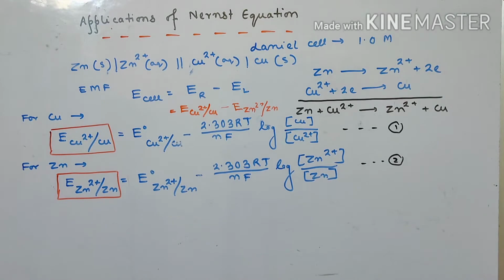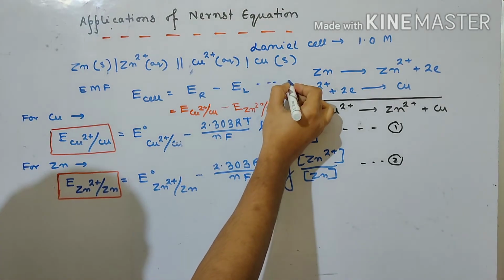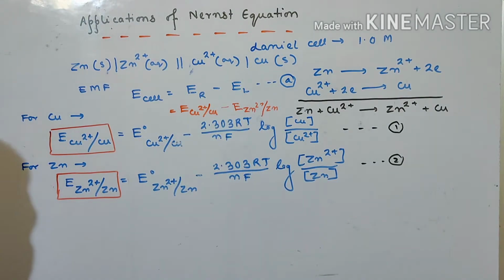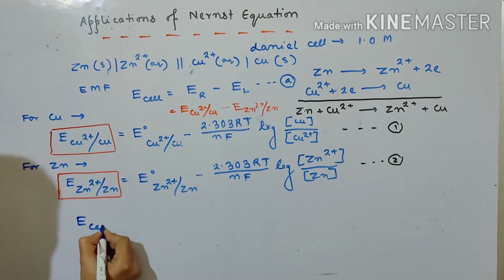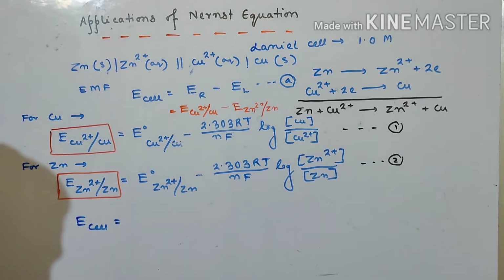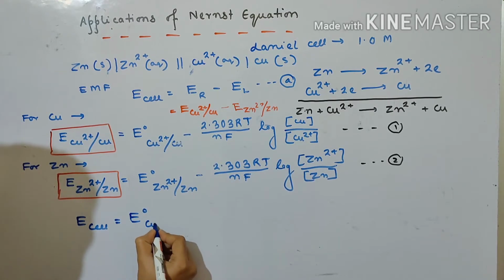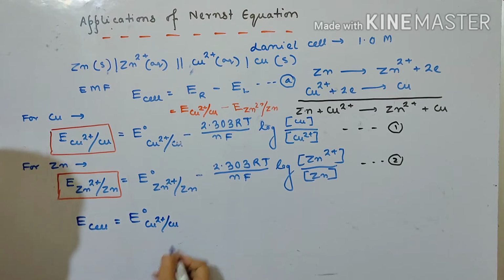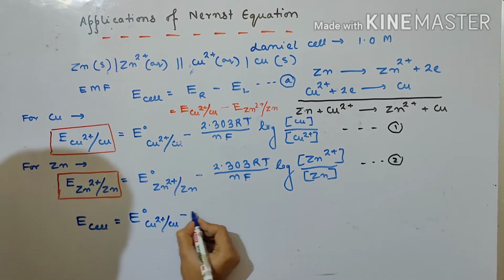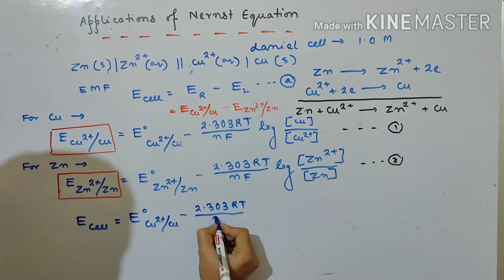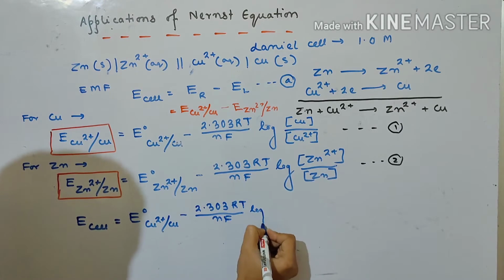So if we need to find out E cell, obviously if this is equation number A, we will put the values of equations number 1 and 2 in equation number A. So E cell will look like this: E0 of Cu2+/Cu minus 2.303 RT by nF log of.